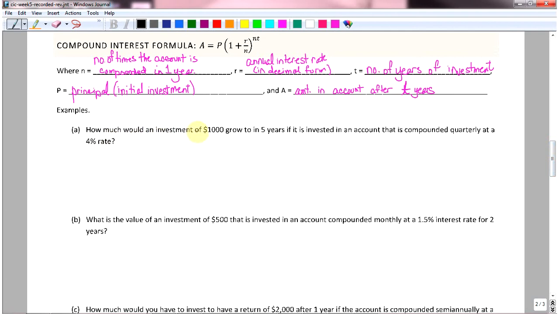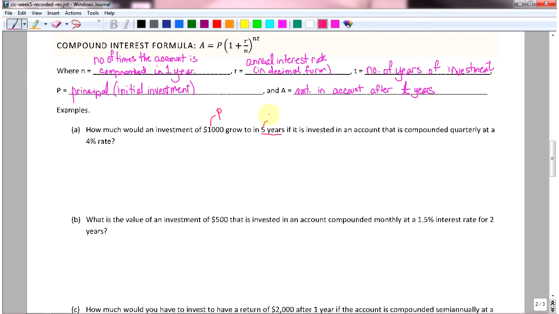How much would an investment of $1,000 grow to in 5 years if it is invested in an account that is compounded quarterly at a 4% rate? Okay, well, we need to determine what all of our variables are. $1,000 is the principal, so that's P. How much will it grow to in 5 years?